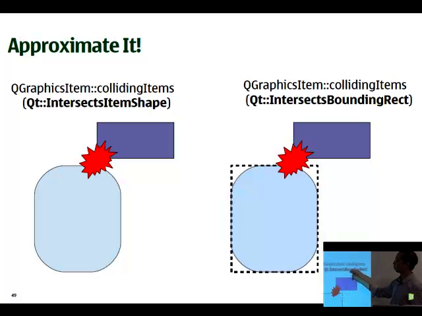So you just use this function, but pass the intersects bounding rect. Of course, it won't be as accurate as this one, because you might hit the corner here, whereas in this case you don't hit anything. But if you can approximate it and you can live with that, then just go ahead and use it.